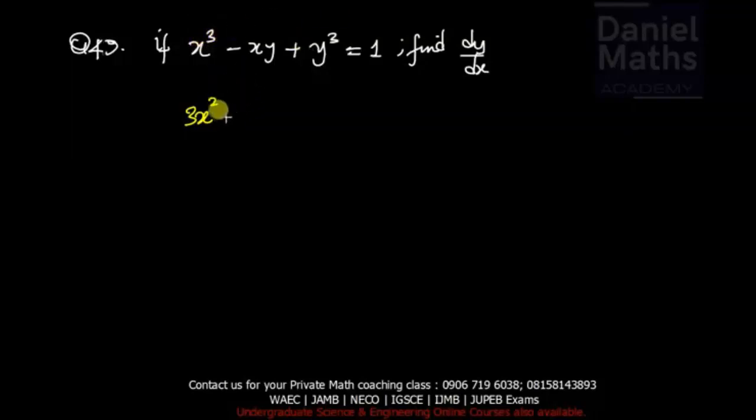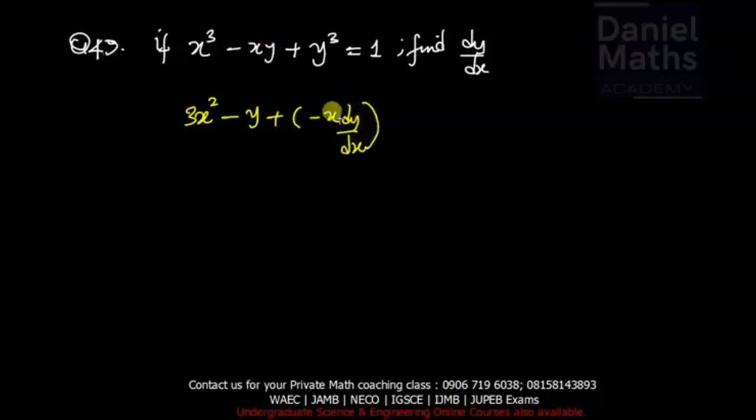Then minus, here we're going to apply the product rule. Differentiate x, and we have minus y left. To differentiate x, I have 1 times y, which gives me minus y. Plus, if I differentiate y, I will have minus x left, so this will give me minus x dy/dx.